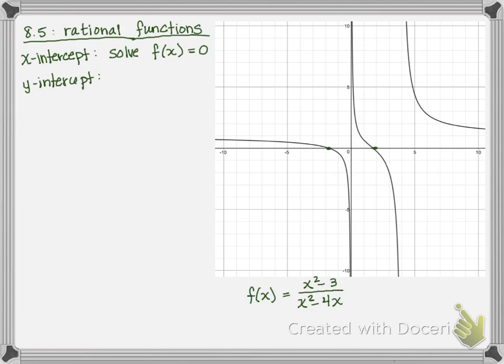Those are our x-intercepts. So our y-intercepts are going to have an x-coordinate of 0, right? Because we haven't gone left or right. And so our horizontal movement is 0. And so we are evaluating f of 0.